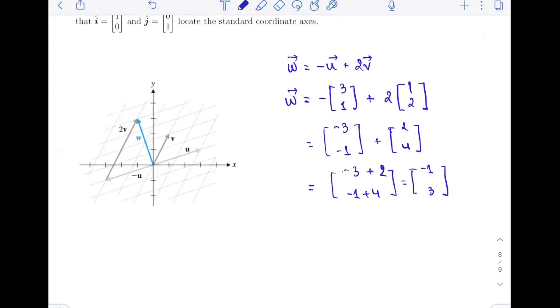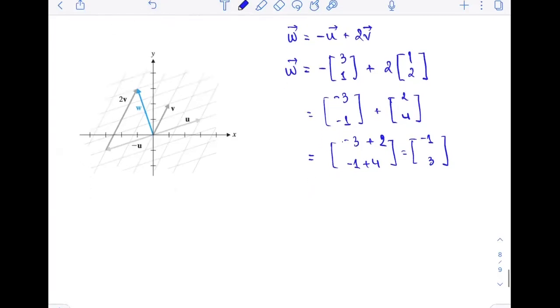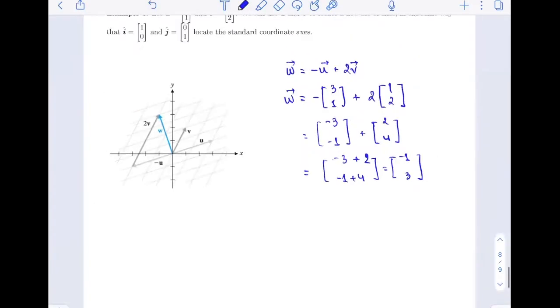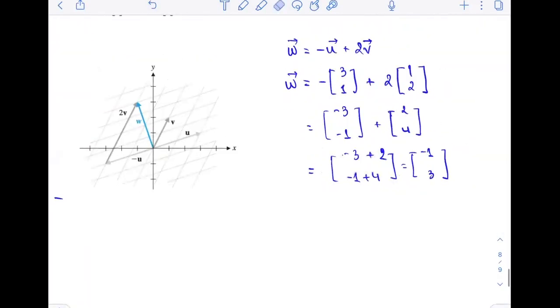That means that in order to locate W, you start at the origin and travel negative U, followed by 2V. So let me quickly write that down.